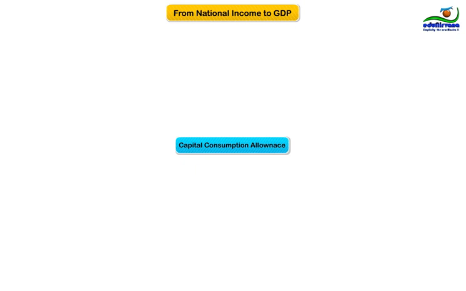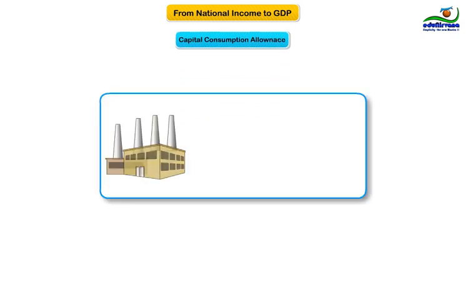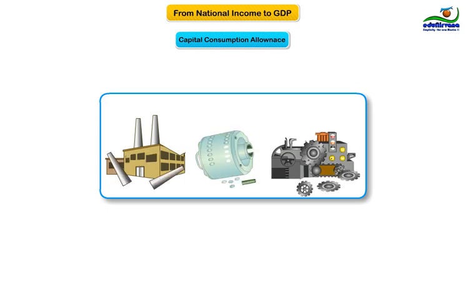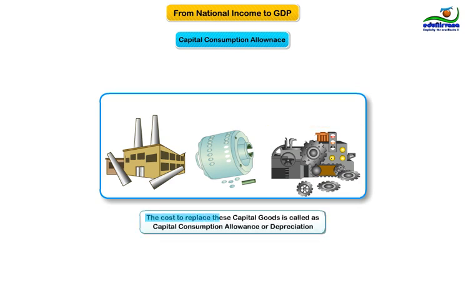Capital consumption allowance. Some capital goods are used up in the production process through natural wear, obsolescence or accidental destruction. Example, the machinery that breaks down and cannot be repaired. The cost to replace these capital goods is called the capital consumption allowance or depreciation.